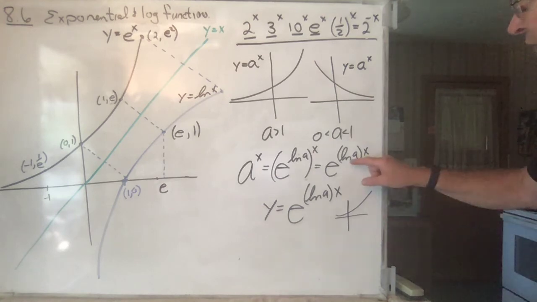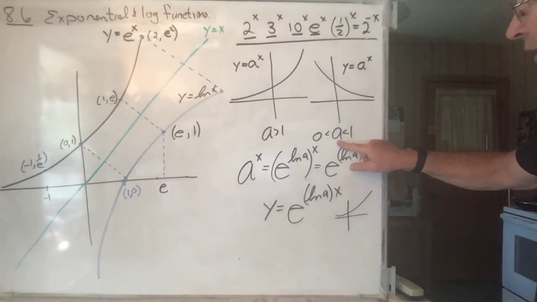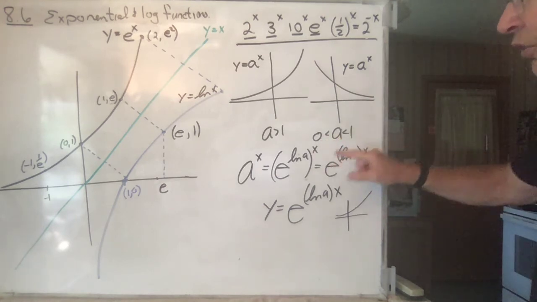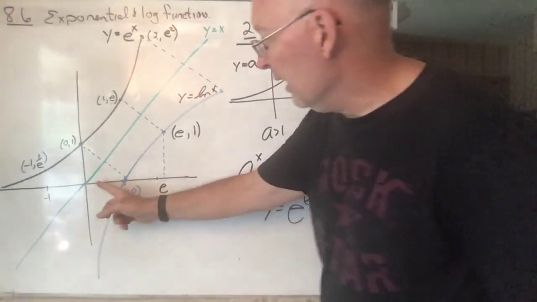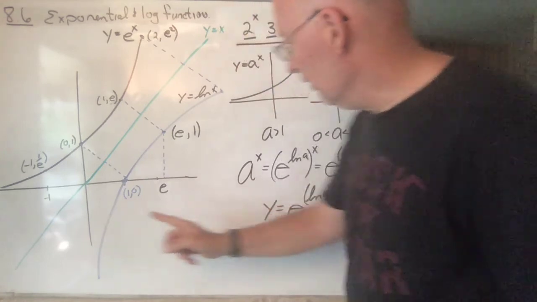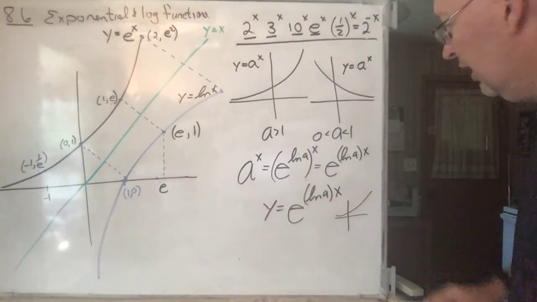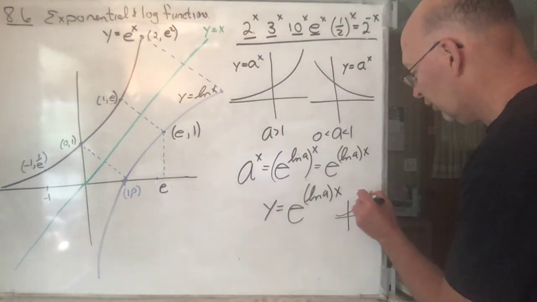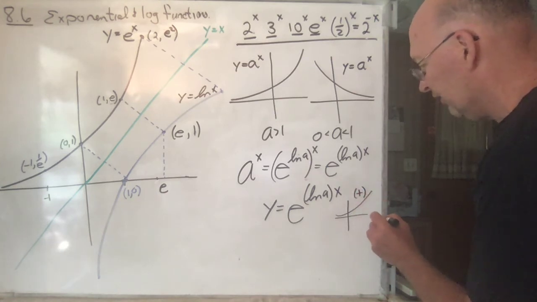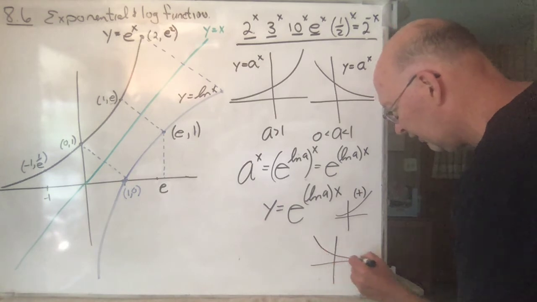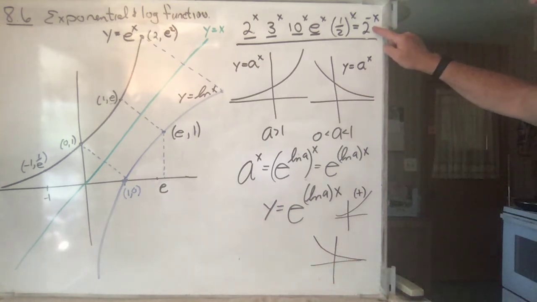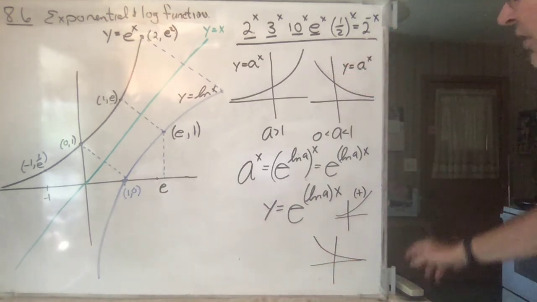Okay? On the other hand, if you take an a which is between 0 and 1, and you take the ln of that, the ln of that is a negative number. Here, if you take e to a negative number, it's going to look just like this. It's going to have a graph like this.